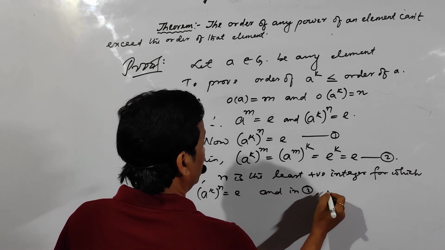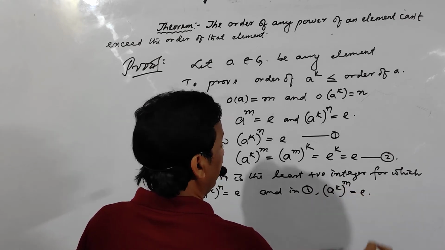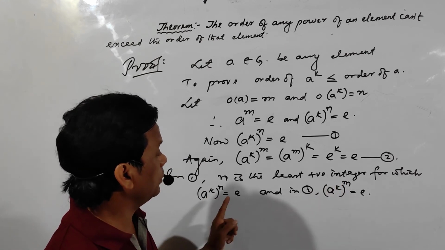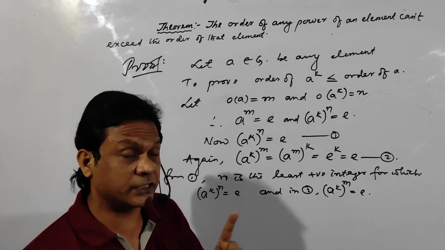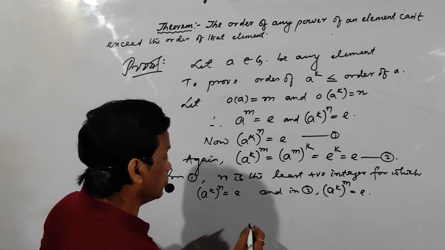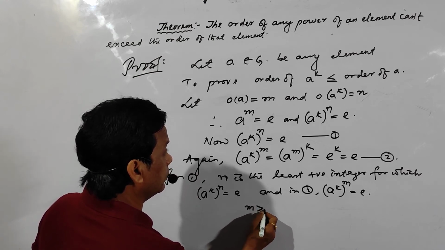And in 2 we have (a to the power k) to the power m is equal to e. Here also (a to the power k) to the power n, both are equal to e, but n is the smallest positive integer and m cannot be less than n. So m is greater than or equal to n.